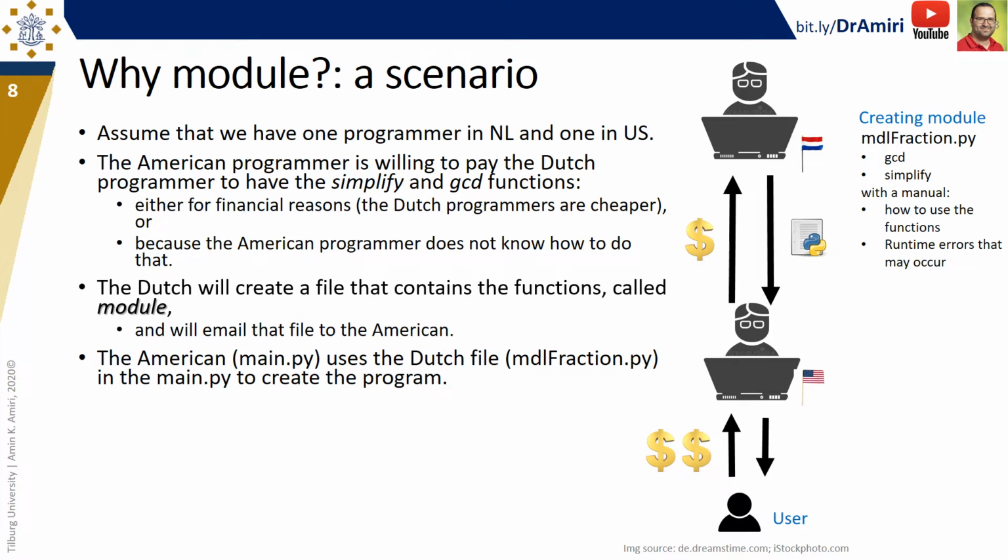The American will create a file, assume called main.py, which uses the Dutch file mdlfraction.py to create the program that the user wants. So the American has a file called main.py, and this file uses GCD and simplify functions that are written in the Dutch mdlfraction.py.